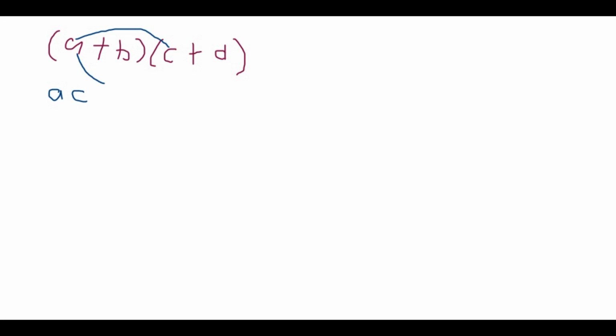Let's say we have this expression a plus b in one bracket and multiplying c plus d. So following the direct expansion method, a will multiply c and it will give us ac. A multiply d to give ad.